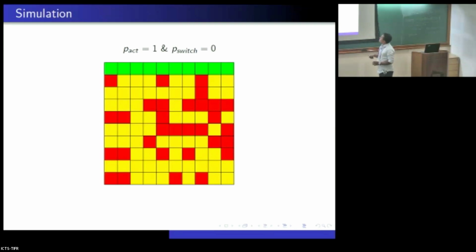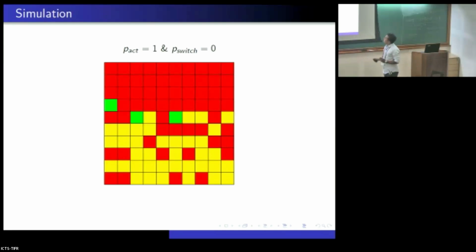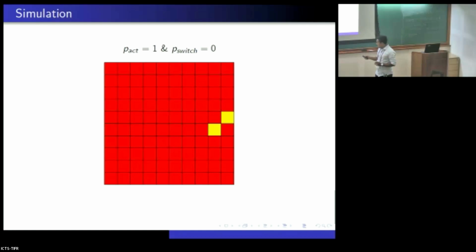And P switch being 0 means if a cell is dead, it remains dead no matter how long you wait. This is the condition at t equal to 0. We initialize the system in this condition, and this is t equal to 1, 2, 3, 4, and finally the system looks like that. We also calculate how many green cells come at the bottom.